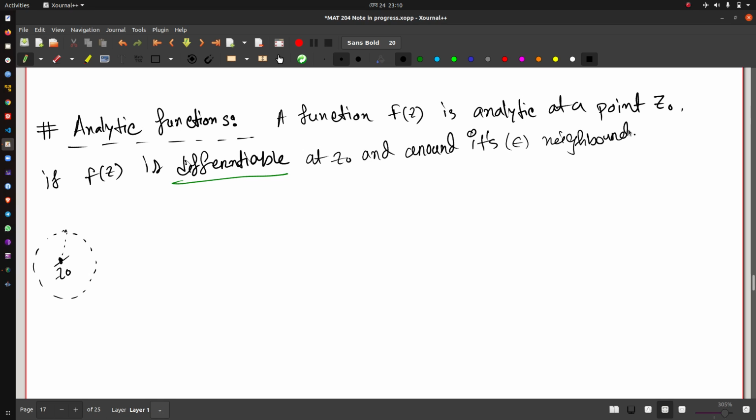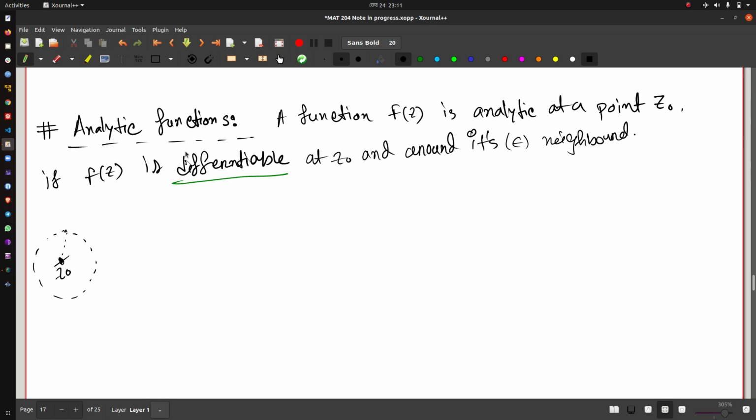So this is where these definitions of neighborhoods and regions come into play. This is the definition of an analytic function at a point.